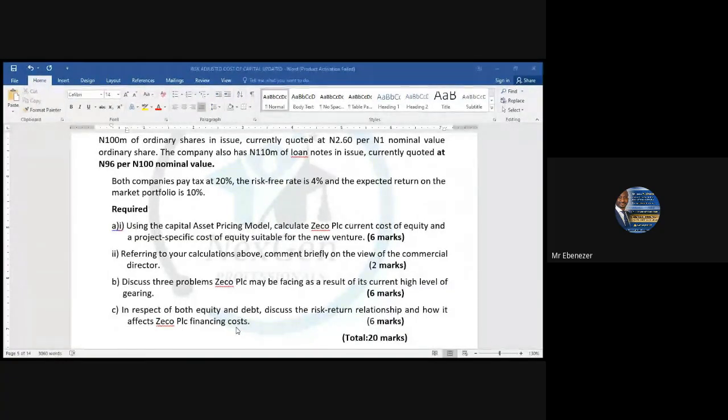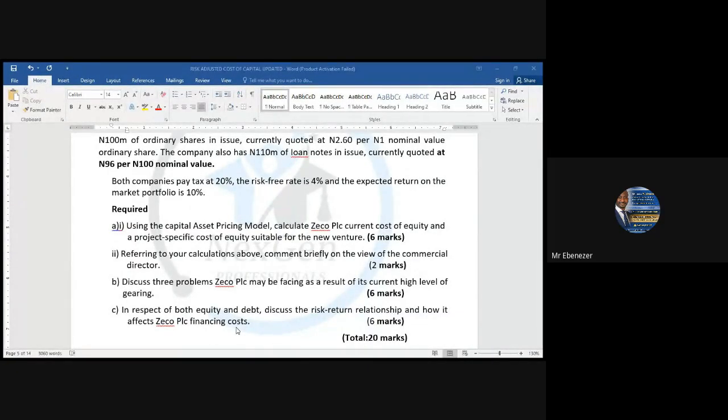Referring to your calculation above, comment briefly on the view of the commercial director. We will see most of these arguments as we move on. You will see most of these arguments between the finance director and probably the chairman. The chairman will say use the project specific cost of capital.